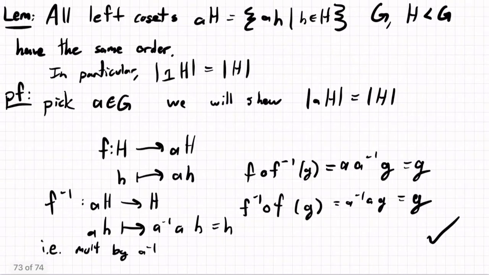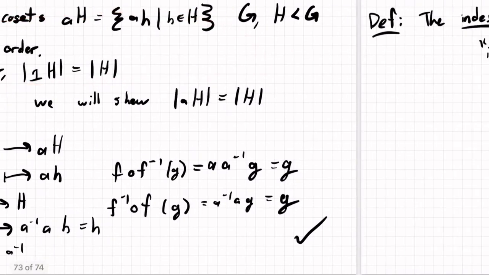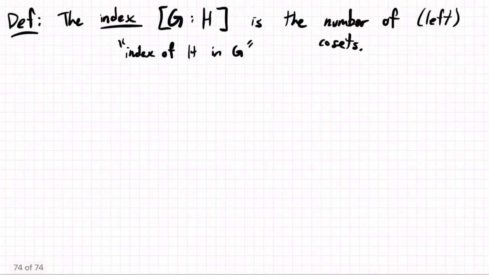And so in particular, based on our theorem, since they all have the same order, we can write down that we have the order of the group H, and then the number of them.